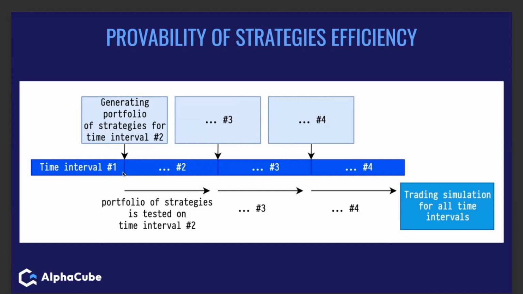Let's say for January 2020, then with this generated portfolio, you can go to the next point and calculate what its performance will be for this month, and then you can regenerate a new portfolio for, let's say, 1st February 2020, and then continue this experiment for the next month.